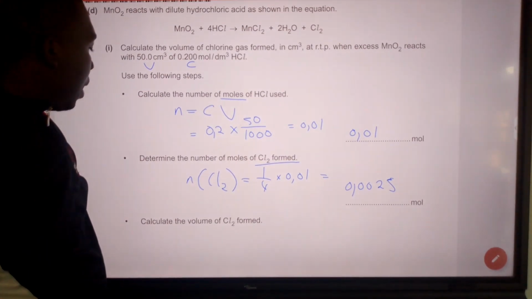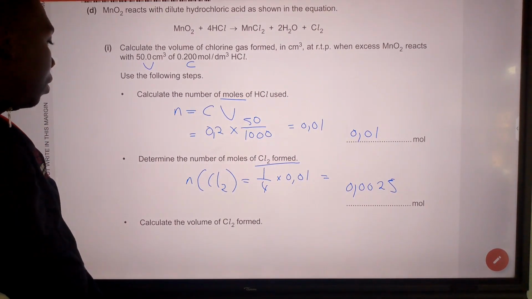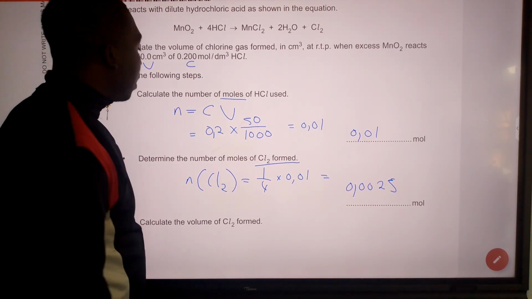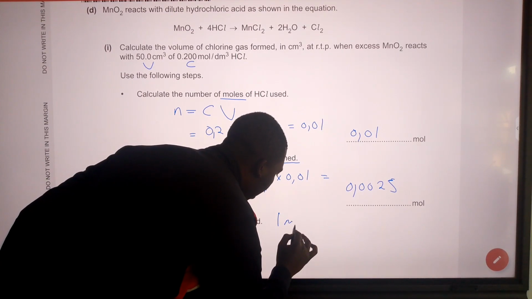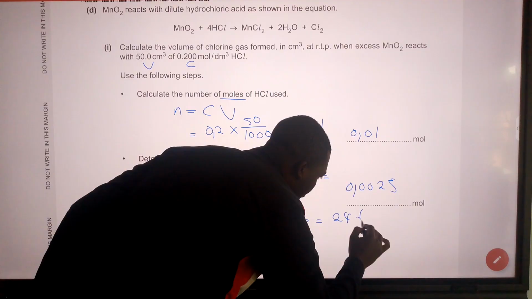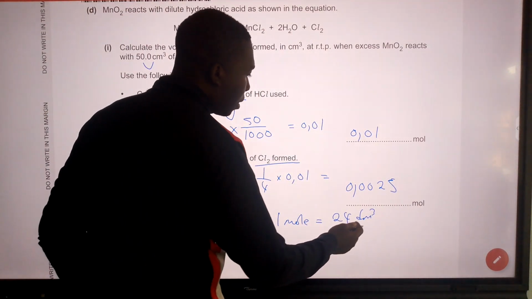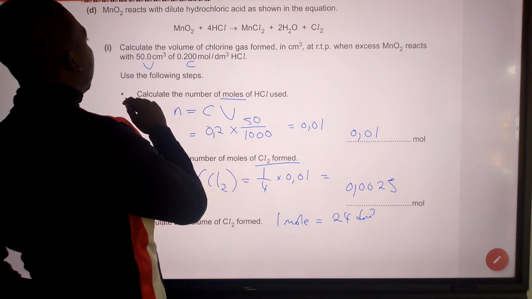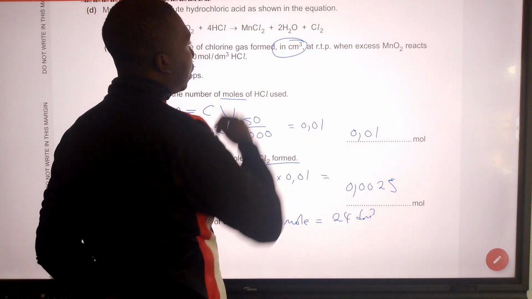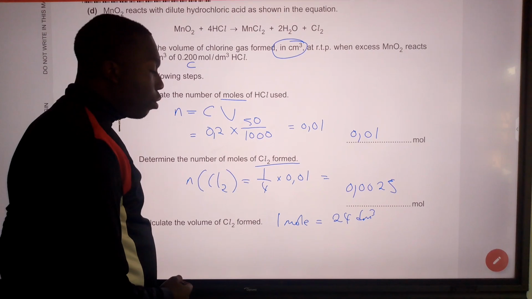Now, the last part, we need to find the volume of chlorine which is formed. So you will need to use the relationship which states that 1 mole of any gas is equal to 24 cubic decimeters. This is the molar volume. To change this to cubic centimeters, since our question requires us to calculate the volume of chlorine in cubic centimeters, you can change this ratio to a volume in cubic centimeters.